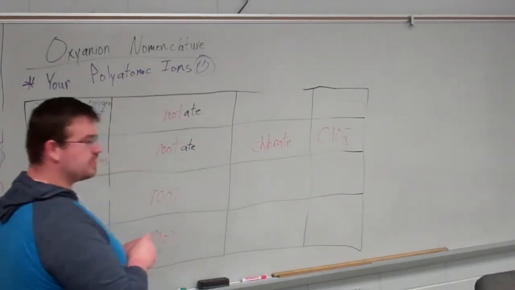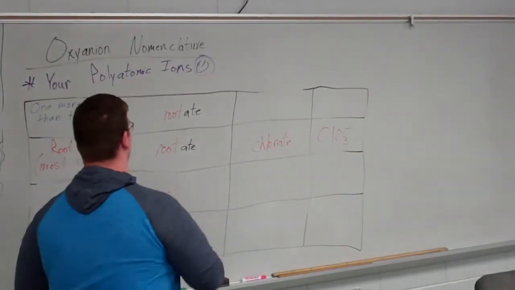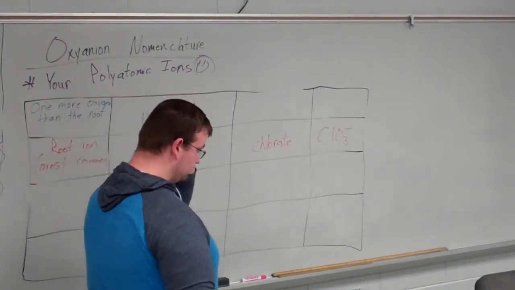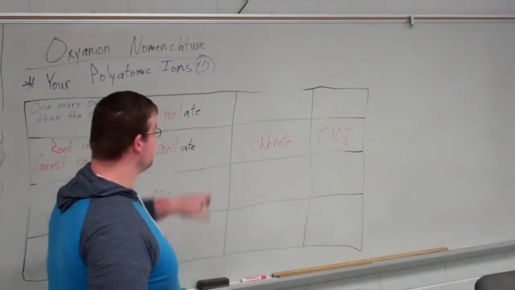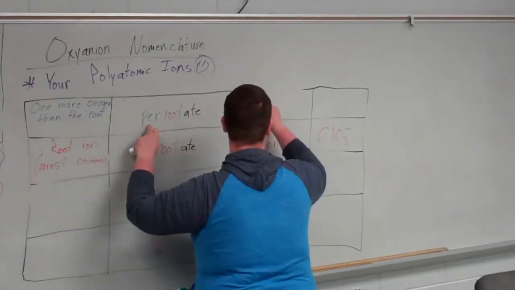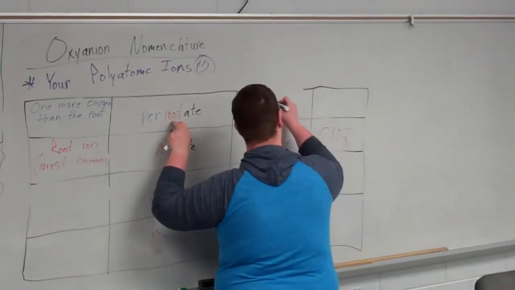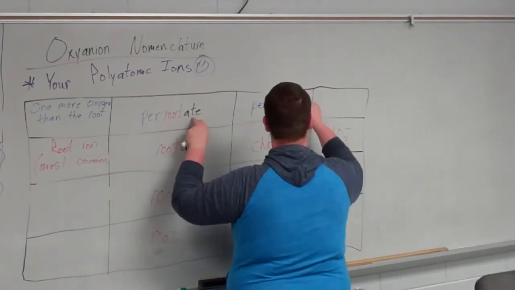But there's a prefix that gets added here: per, P-E-R. Just follow the pattern. This pattern's here for you. Per, then the root, which is chlor, and then the ending, ate.